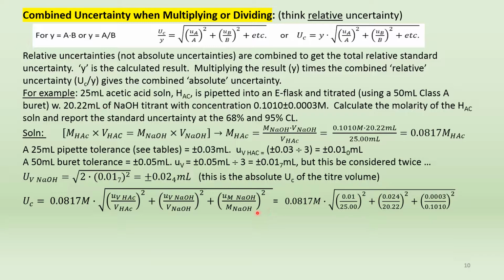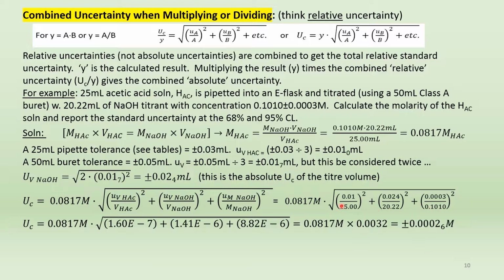And then we have the uncertainty of the molarity of the sodium hydroxide, and that was just given in the problem. The uncertainty was 0.0003 on 0.1010. If I then take the root of the sum of the squares of these relative uncertainties and multiply it by the molarity of the acetic acid, the result gives me plus or minus 0.00026 molar.